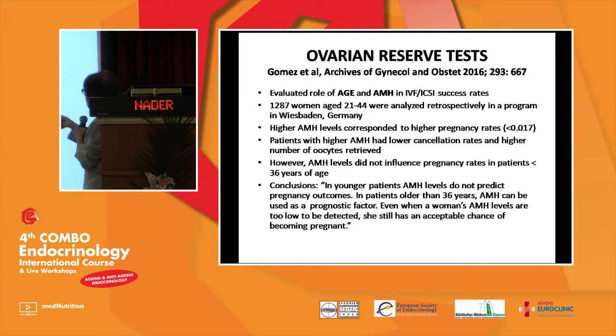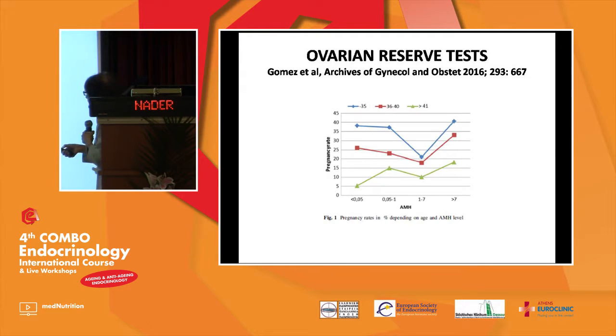And this is a graph from their paper, and if you look at the very low AMH levels, look at the differences in pregnancy rates according to the age. So age makes a difference, it's not just AMH.